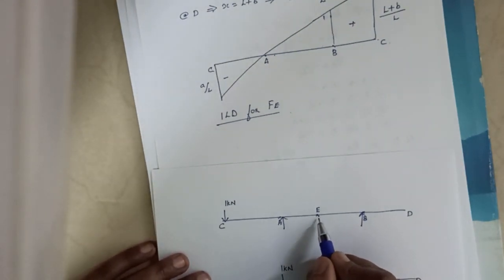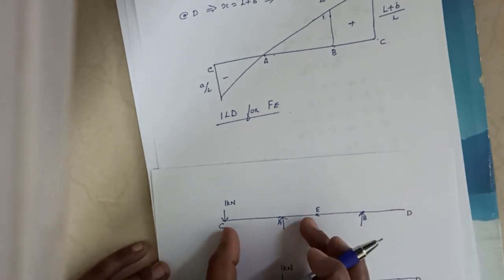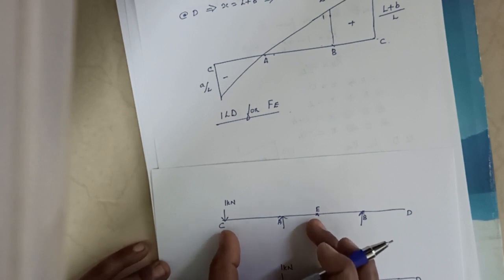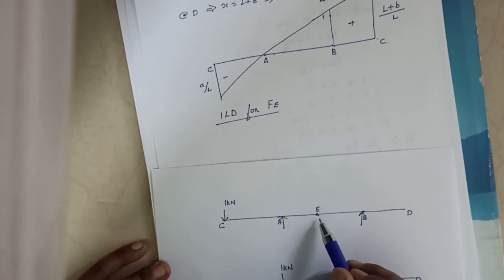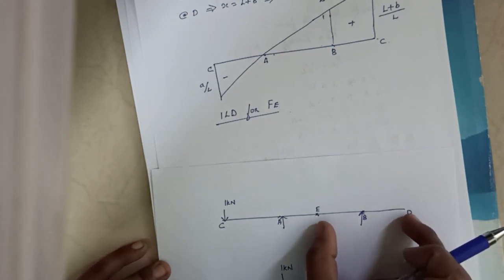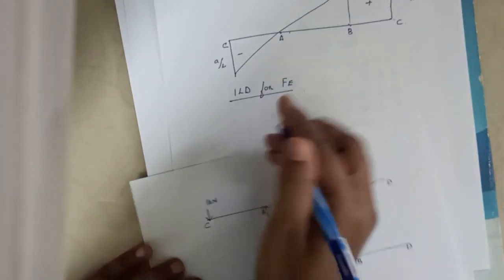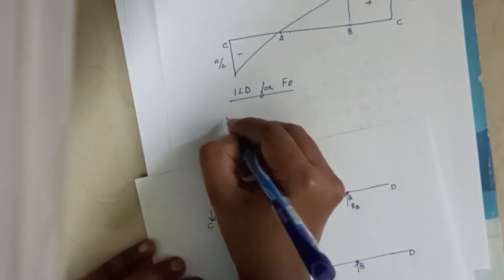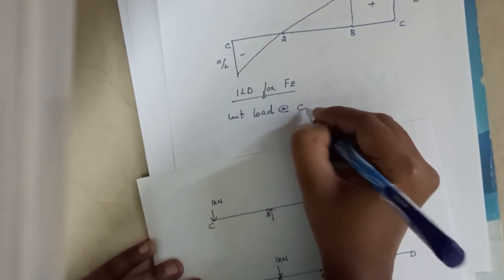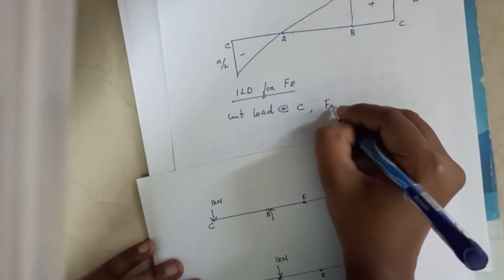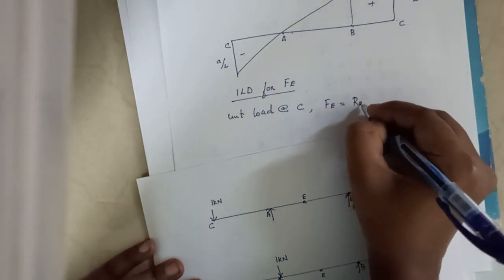Shear force at E will be calculated by considering either right side or left side. By considering left side, there will be two forces, that is RA and the unit load. While considering the right side, there is only one force, that will be RB only. Therefore, when unit load at C, shear force at E will be RB value.